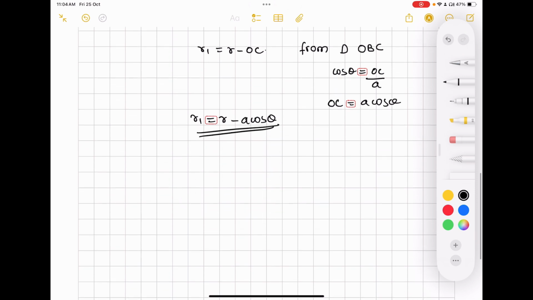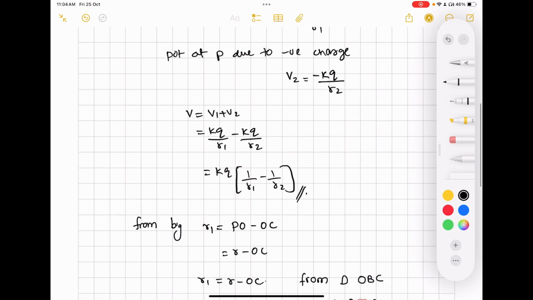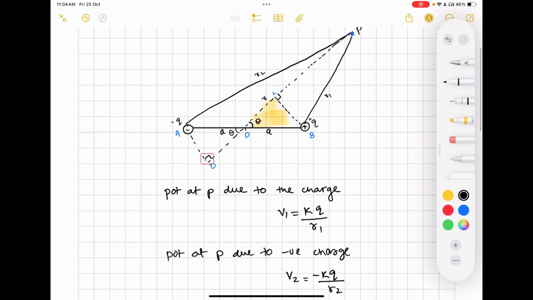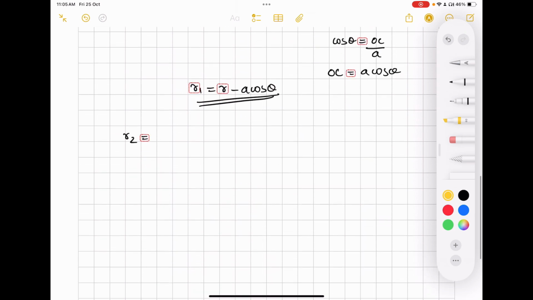Now we got R1, now we want R2. From the figure, R2 is equal to PD, that is PO plus OD. PO is R, so R2 is equal to R plus OD.